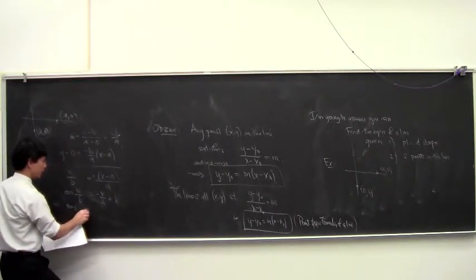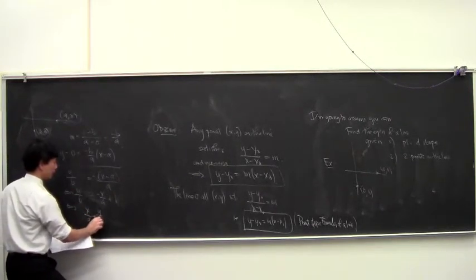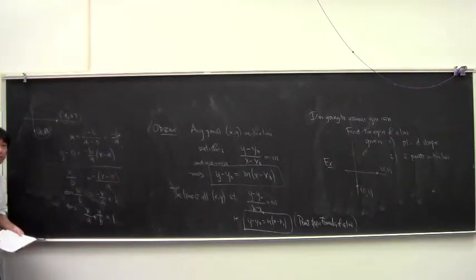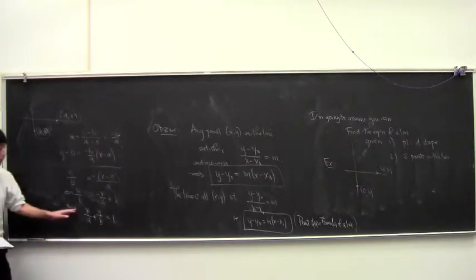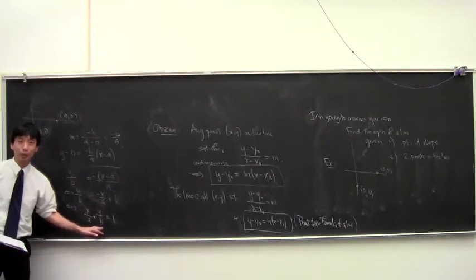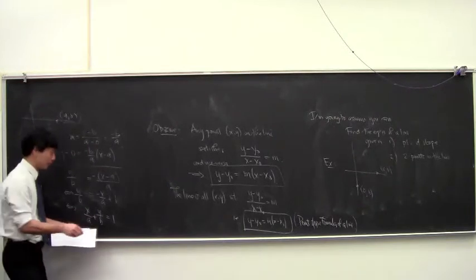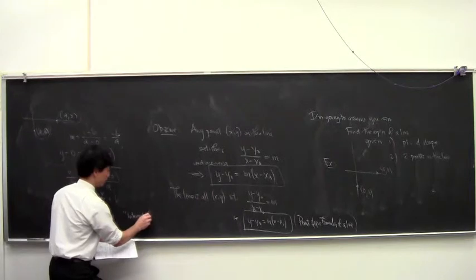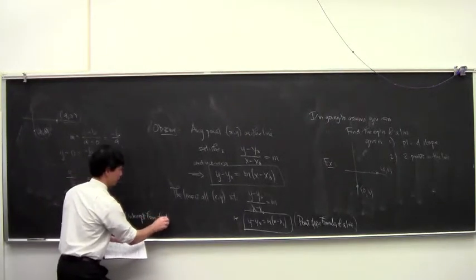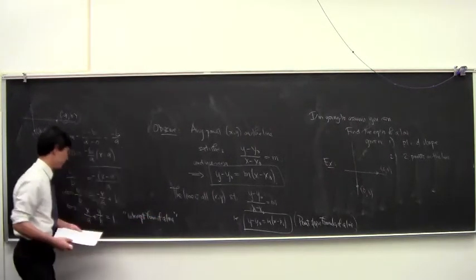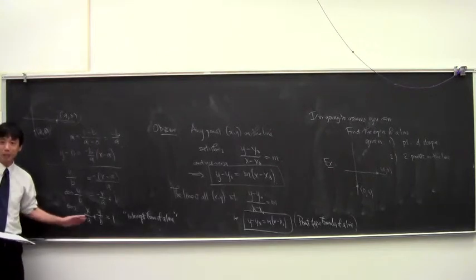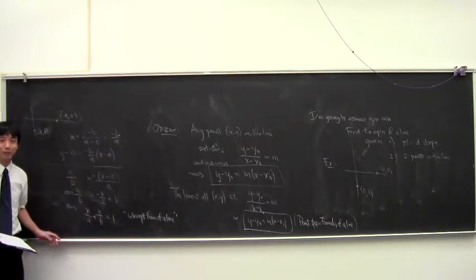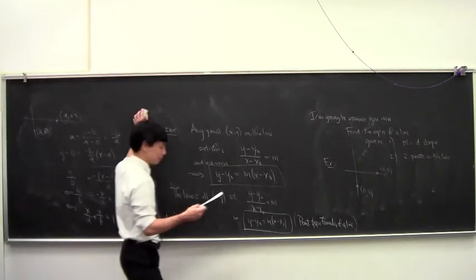That's to say x over a plus y over b equals 1. Just to make a nice symmetric form. So this is called the intercept form of a line. Don't worry about it. It's not that important.